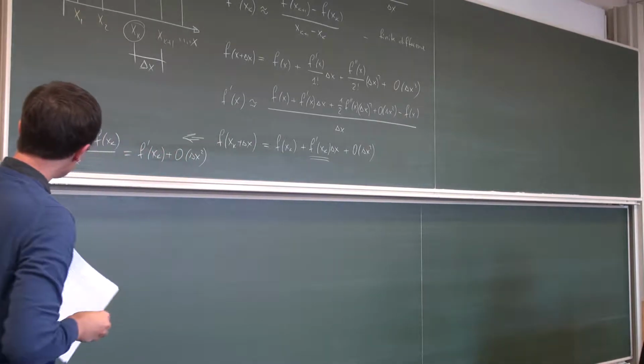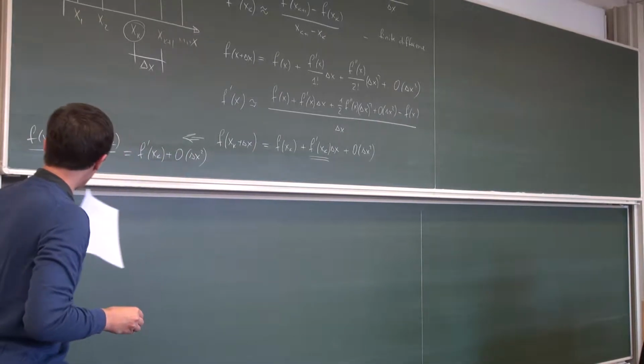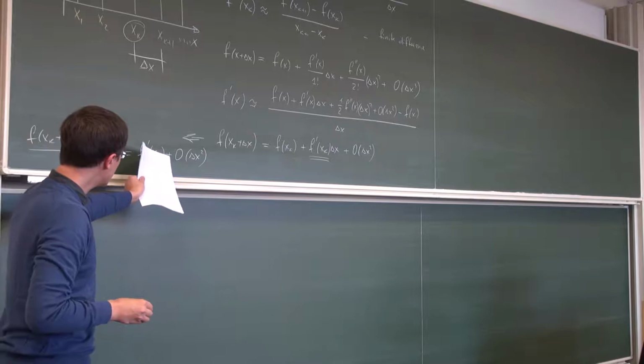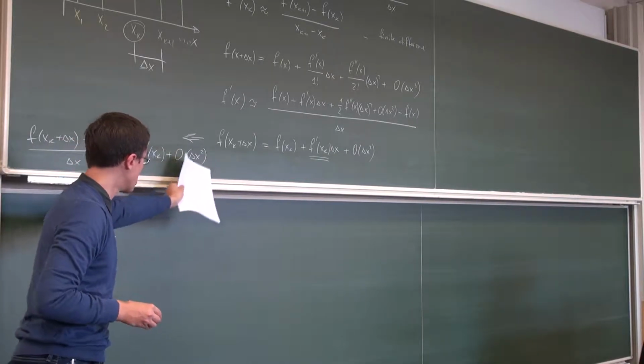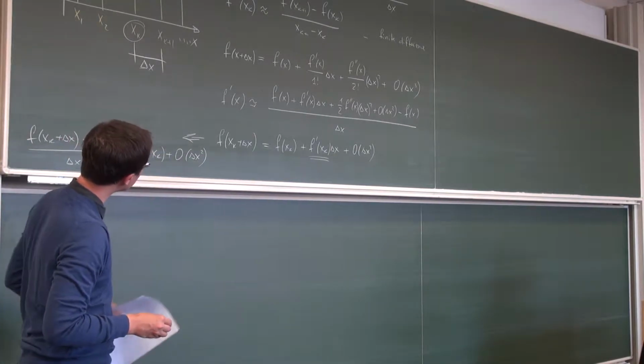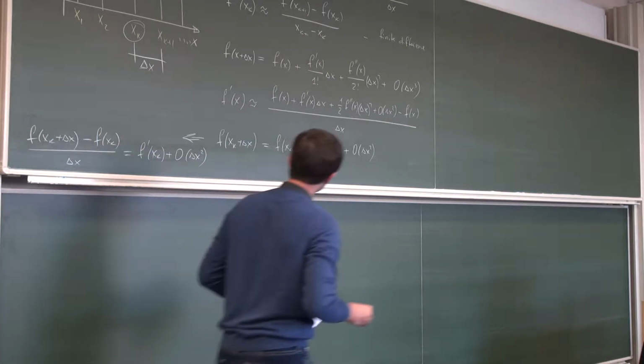So far so good. Let me move this number over here. We don't need to change plus into minus because this is just some number of the order of delta x squared, either positive or negative.